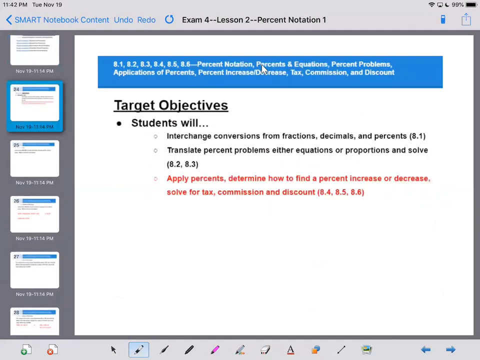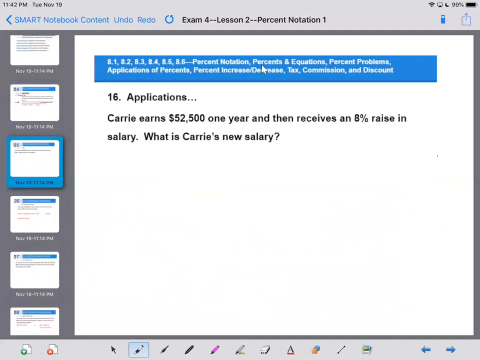The last one is we're going to look at applying different percents, look at percent increase, decrease, look at tax, commission, and discount. So if we say Carrie earns $52,500 in 1 year, but receives an 8% raise, okay? We know that she is going to have more than $52,500.